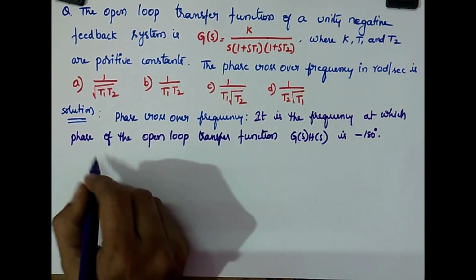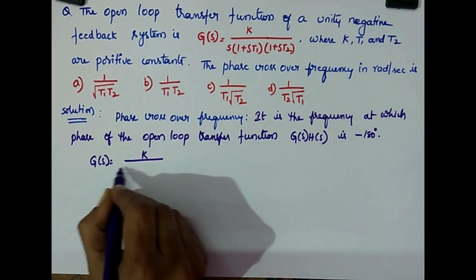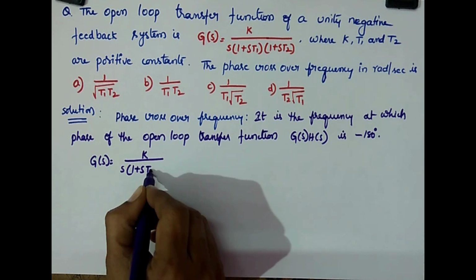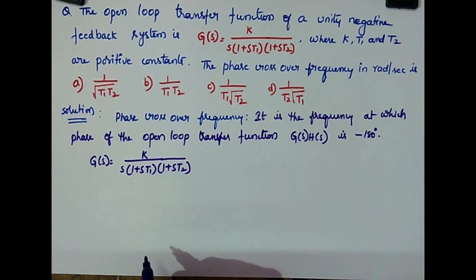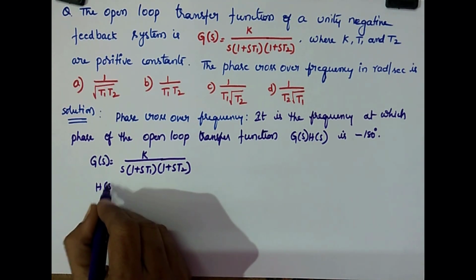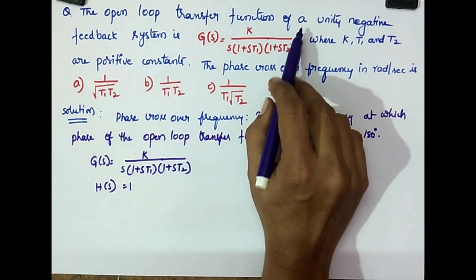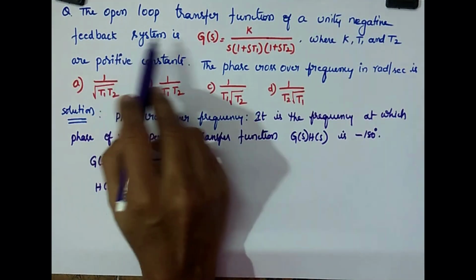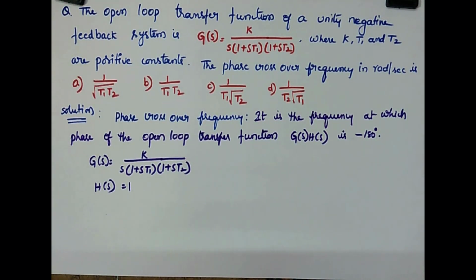For us, given G(s) = K / (s(1 + sT1)(1 + sT2)). What is H(s)? If you see, H(s) is 1, because the problem mentions a unity negative feedback system. H(s) is the feedback transfer function, and as the feedback is unity, H(s) becomes 1.